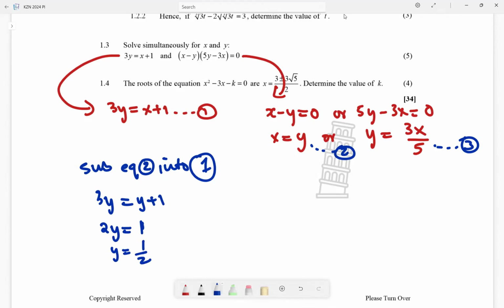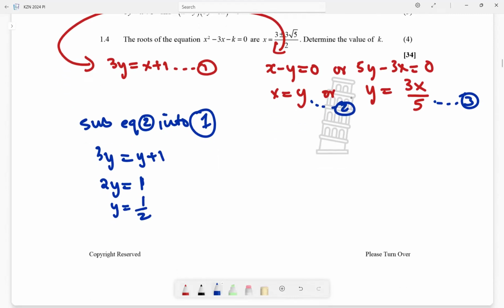Then how do I get x? Remember, x is equal to y. So x is equal to 1 over 2, sorry.